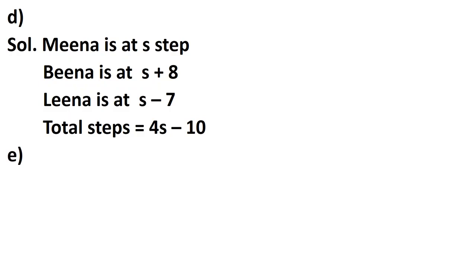E part. It is 5v plus 20 kilometer because the bus travels v kilometer per hour. In 1 hour v kilometer. So in 5 hours 5v kilometer plus 20 more. So it is 5v plus 20.